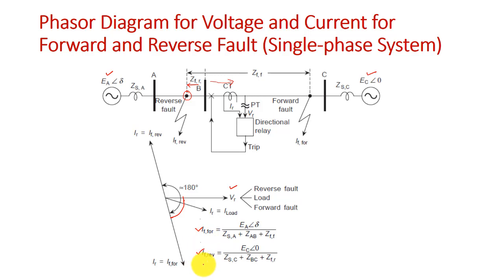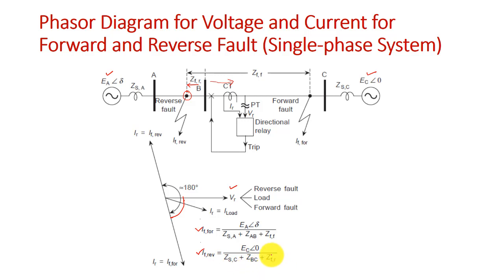Similarly we can write the expression for IF reverse, that is the fault current in the reverse direction, which is nothing but equal to EC angle 0. Here EC angle 0 is taken, and the angle difference between EC and EA is considered as delta. So IF reverse is EC angle 0 by ZSC plus ZBC plus ZFR.